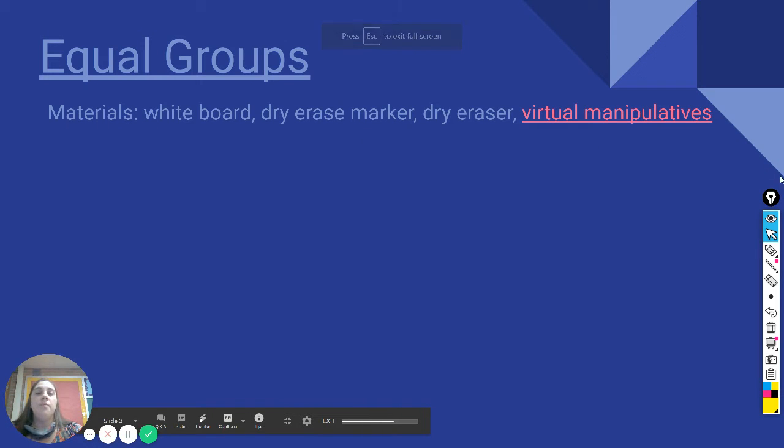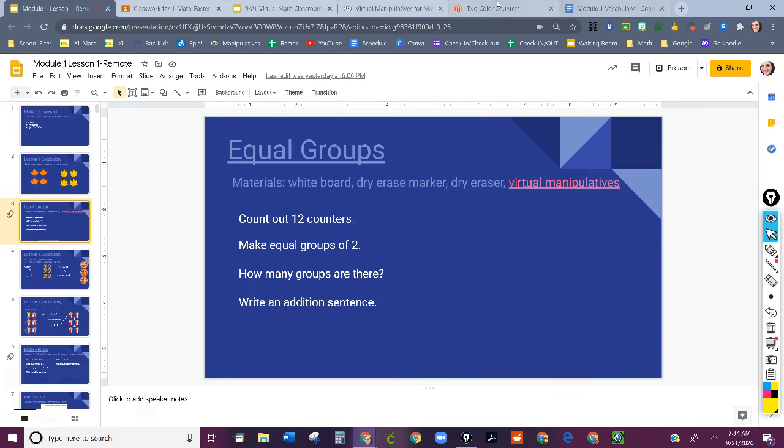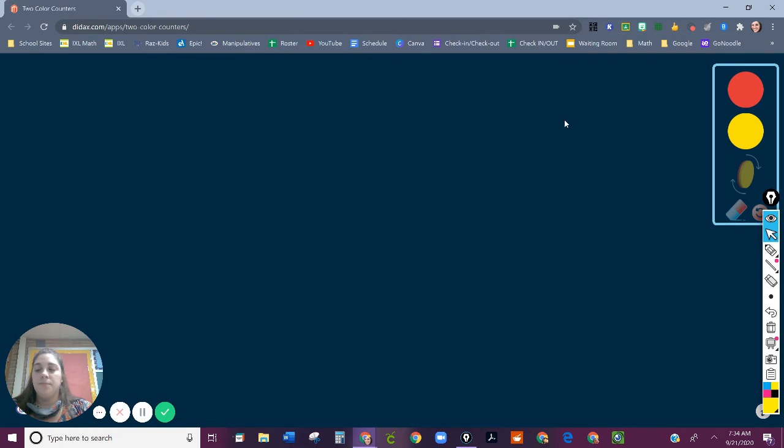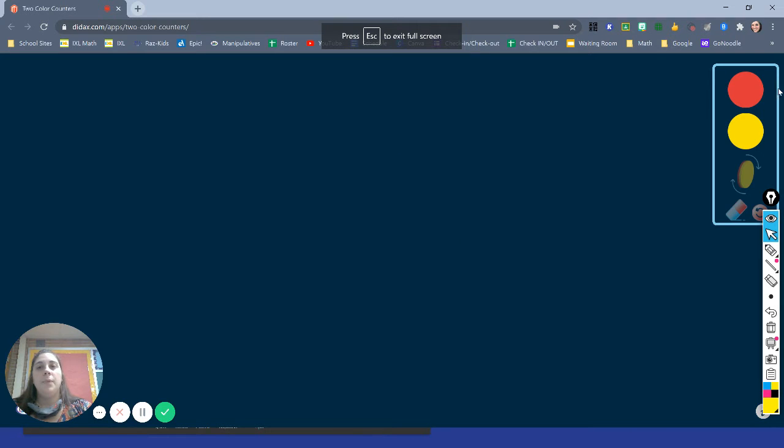All right, so first, we need to count out 12 counters. Okay, now you want to pick either one color or the other. Don't try to mix both the colors because that'll make it confusing down the road.